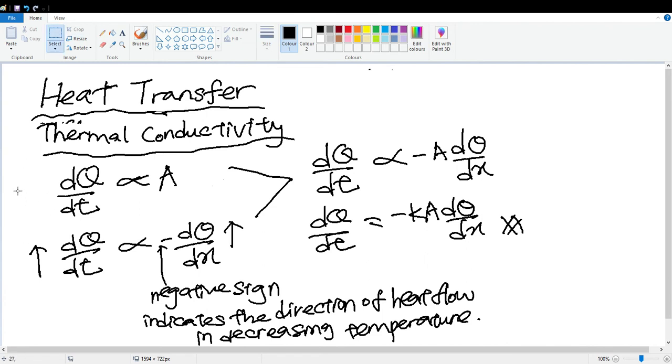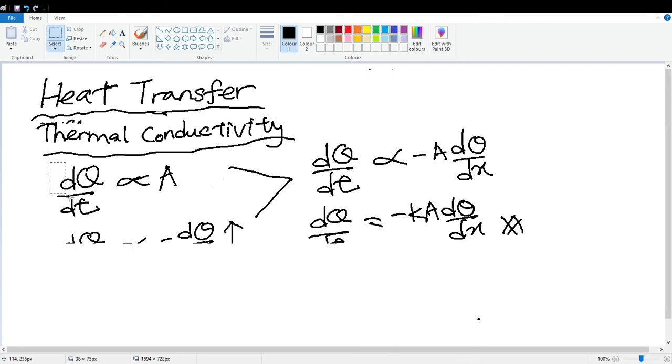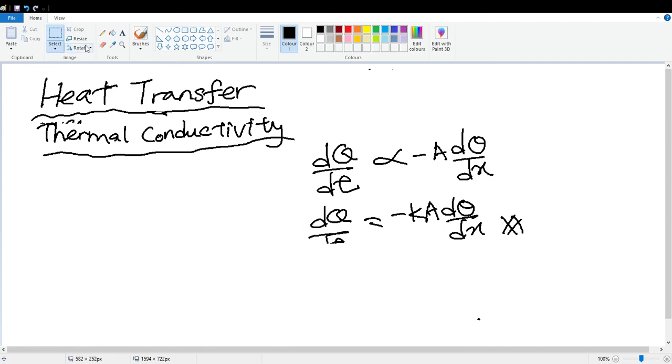Let me erase all this. I still need this formula. From here, there's a constant, which is k.